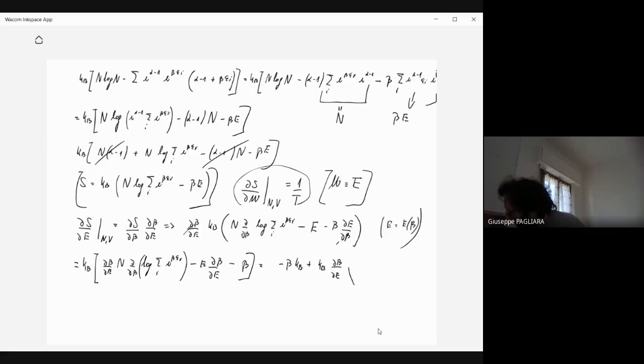Then I have to do the derivative of the log of the sum.